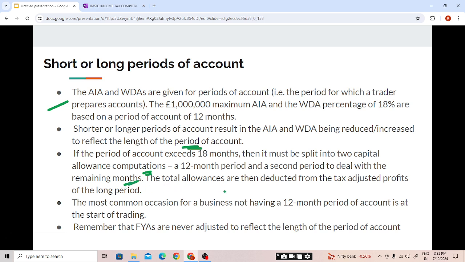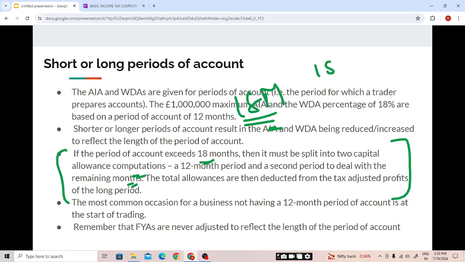The total allowances are then deducted from the tax adjusted profits of the long period.